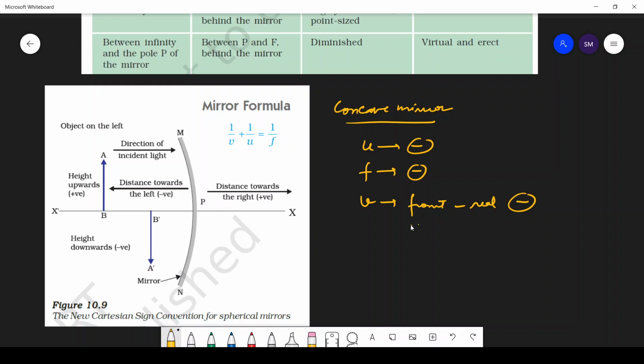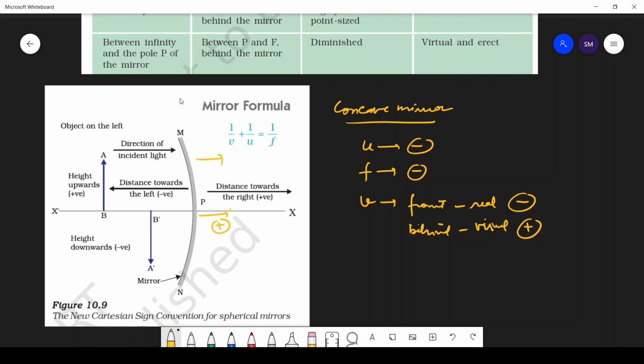But if the image is behind the mirror, virtual, it will be positive. If the image is here, you are moving from the pole to this point. So if the image is behind, then you are moving in the direction of the light, right? So this direction of light is positive.